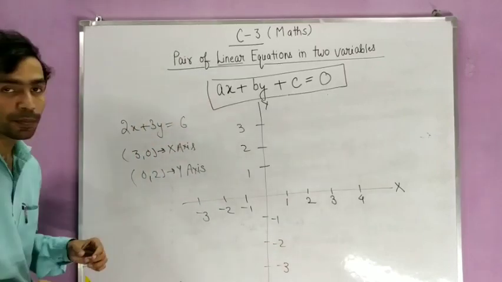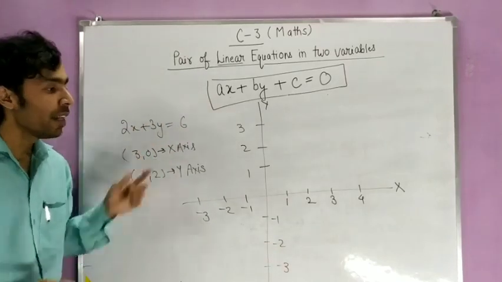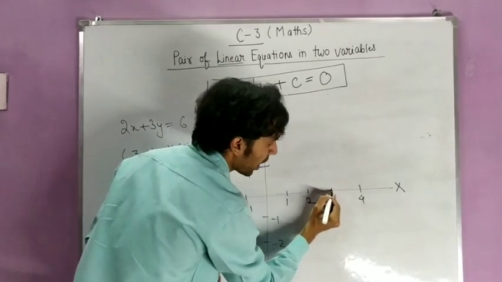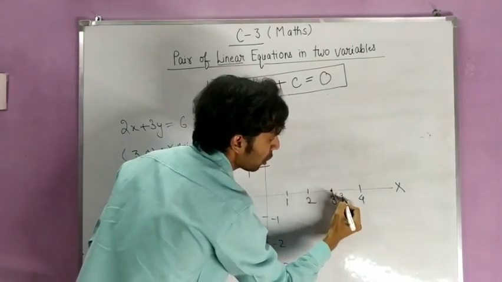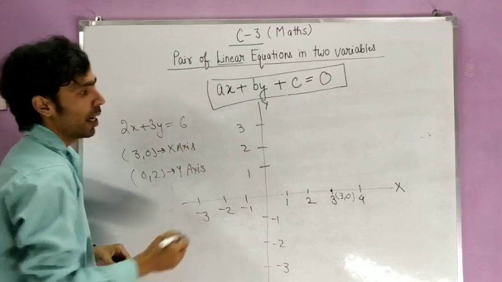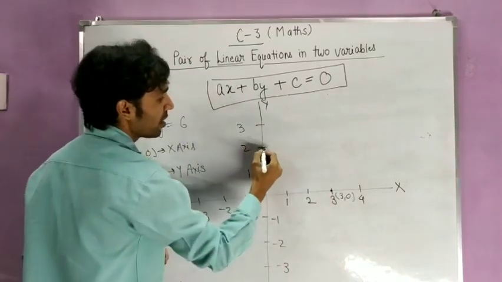Now students, see, (3, 0) will lie on this point because it is lying on the x-axis. So this point is your (3, 0), and (0, 2) will be this point on the y-axis.